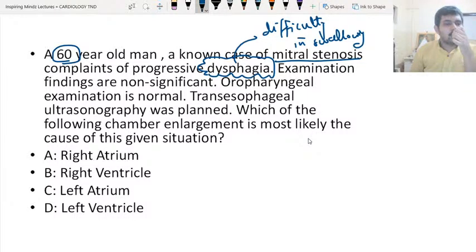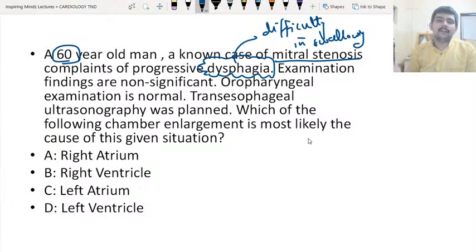Now, if you observe this further, they have given certain points which say that your oropharynx is normal, transesophageal ultrasound is taken. These are all things which are deviating you from your answer, or are basically written to confuse you or waste your time.